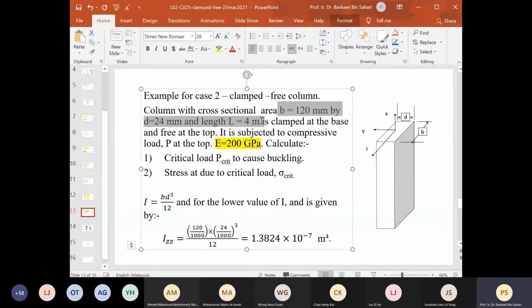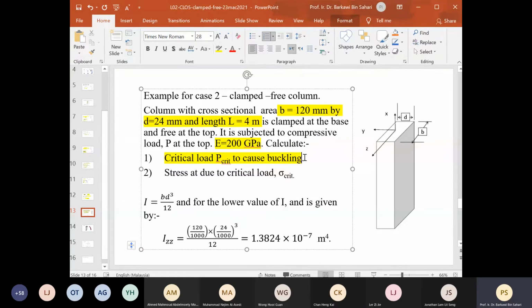Well, these are the dimensions of the column, and we are asked to calculate the critical load of the column. Now, I put there critical load to cause buckling, but I don't have to say to cause buckling. Under this buckling analysis, critical load means buckling. But we do not want to have any ambiguities.